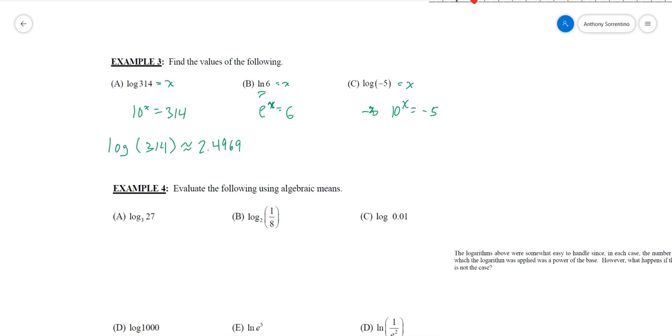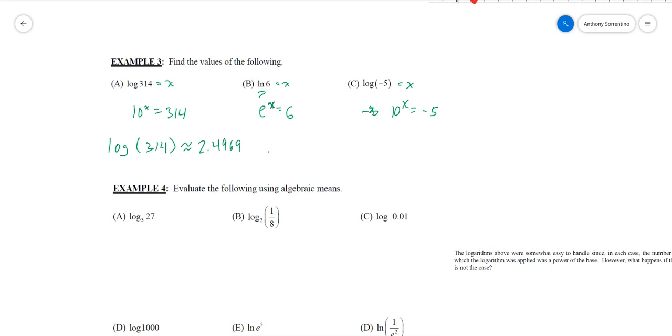If you keep only 1 or 2 decimal places and try to check it by going back to the original equation, you find out that 10 to the 2.5 power is pretty far away from 314. As a matter of fact, it's 316.22, which makes you think that's a bit off. The more decimal places you keep, though, the closer it is to that 314. So it's better to keep it that way.